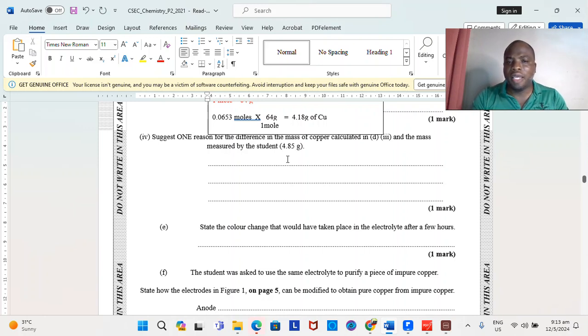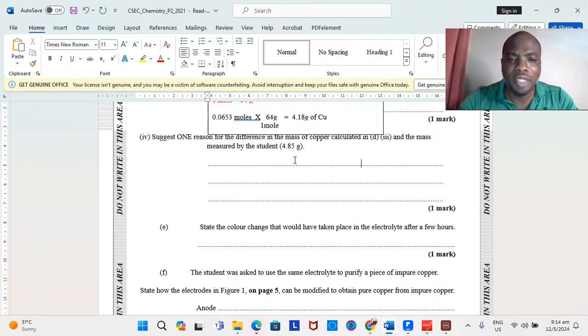So remember, in terms of theory, they would have gotten 4.18 grams.